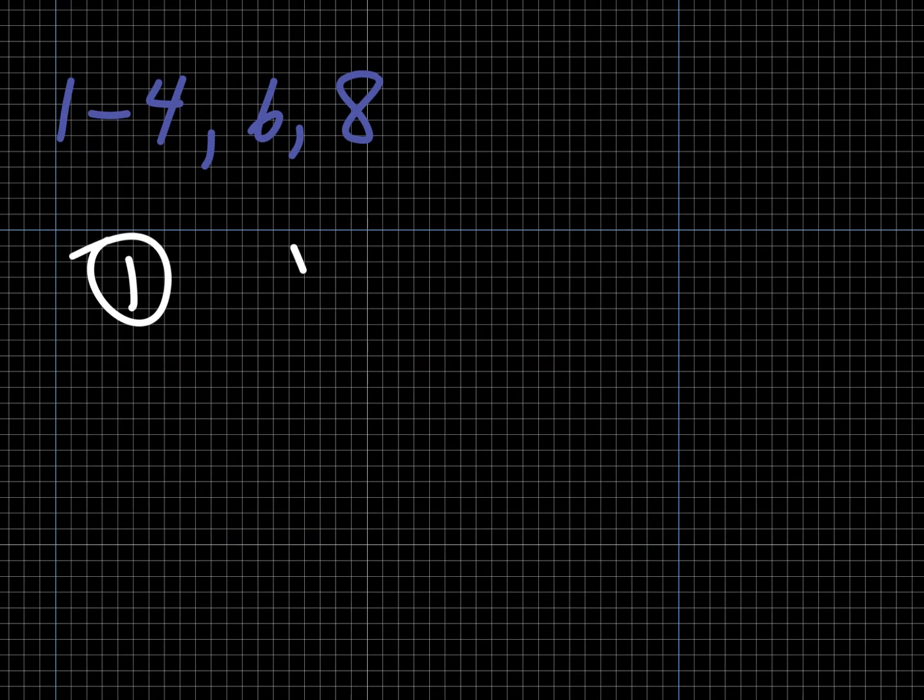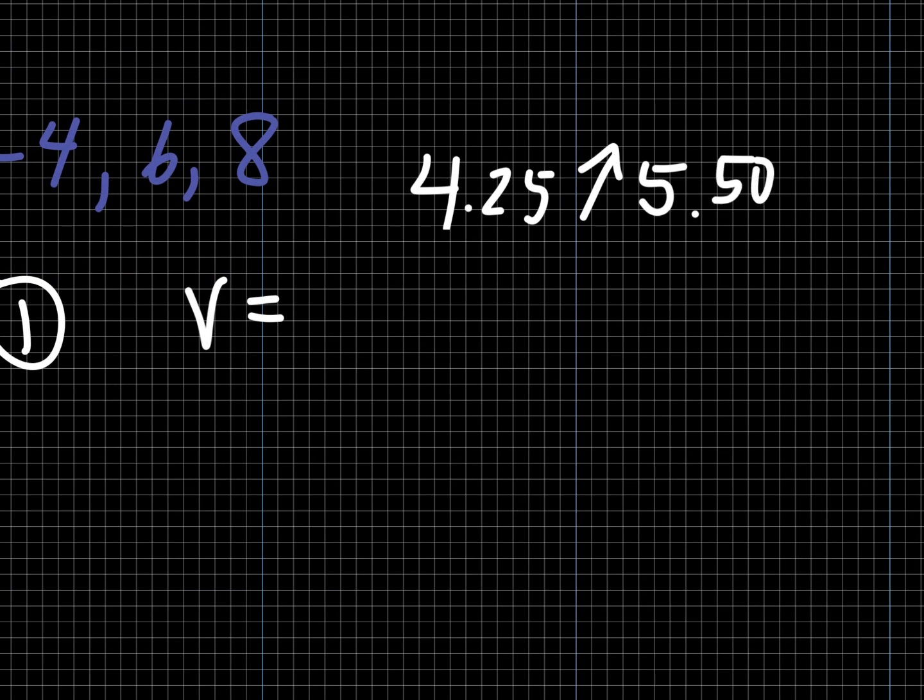And it starts with that V. The cost of a 20-ounce box of cereal increased from $4.25 to $5.50 over 5 years. 4.25 to 5 point what? And 50 cents, 5.50 over 5 years? Yes. Awesome.